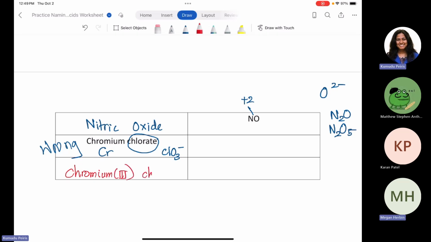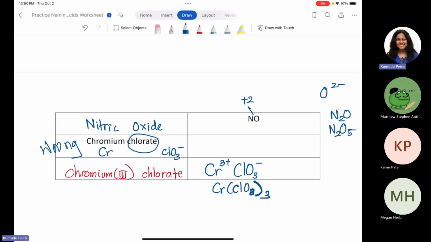Now it makes a doable question, right? Now it's chromium 3, so we know it is plus 3 and ClO3 minus, right? So now we can just balance that, put in the 3 over there.